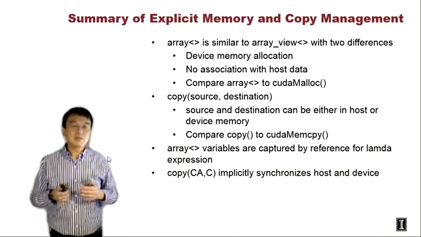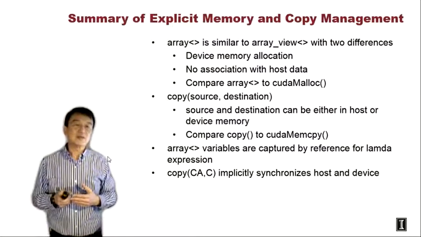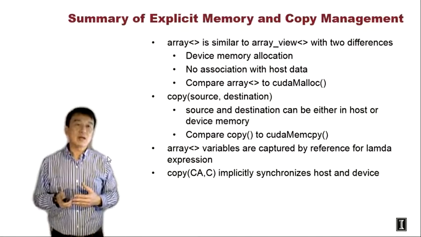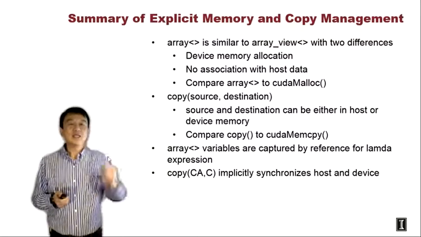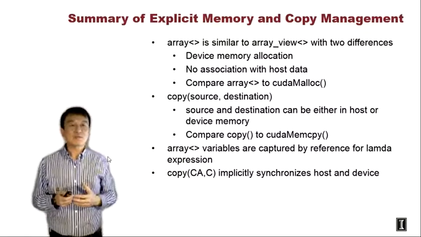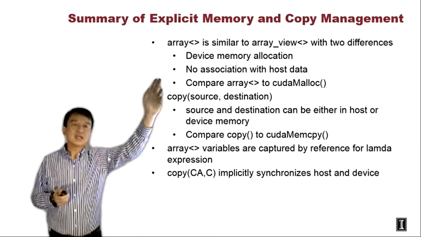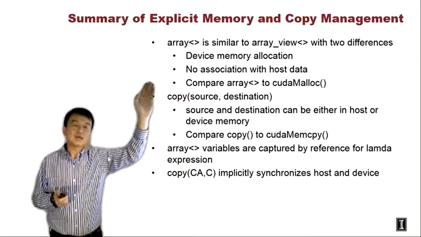So here are some important points that we can summarize about explicit memory allocation and copy management. The first one is that the array construct is similar to the array view construct, but with two important differences. The first one is that the array construct will allocate device memory; this is implied.